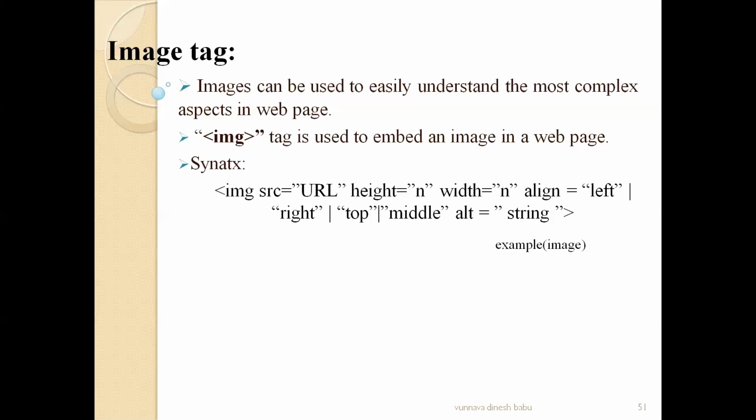But in case there is no access permission for that particular photo, even though we wrote the path of the image for the source attribute, the web page cannot display that image. At that time, the web page will display the message which was given to the alternate attribute.